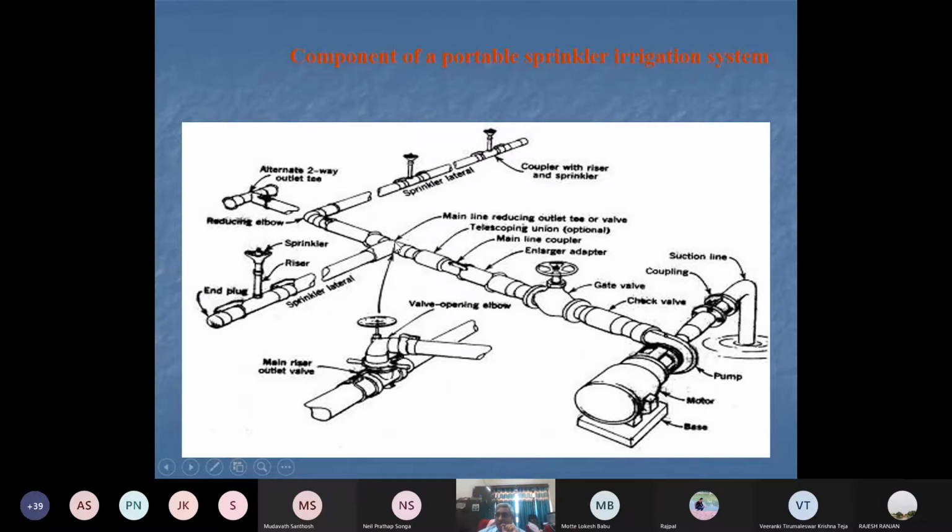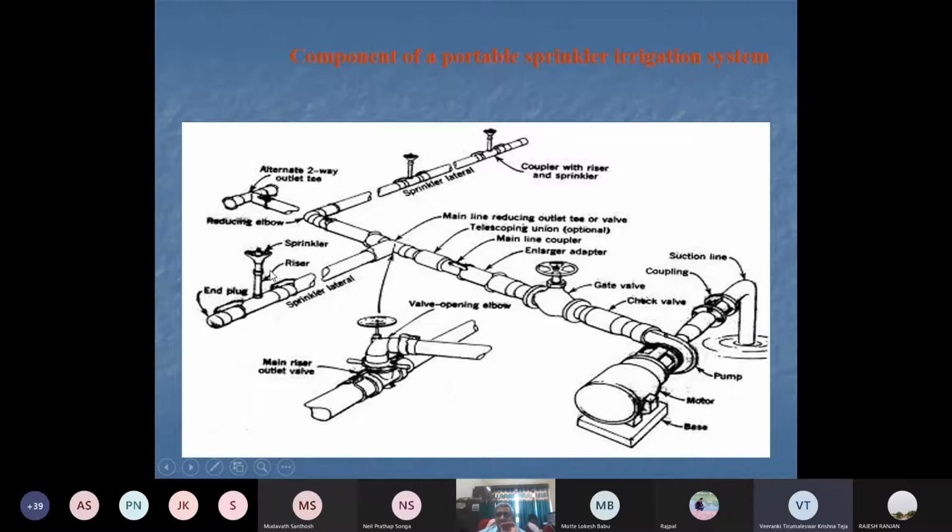So here water is diverted and then there is another pipeline which is known as a lateral pipeline. The lateral pipeline is connected and then on this lateral pipeline there is another pipeline attached, which is smaller in diameter, let us say about a quarter of an inch or 1 inch in diameter.